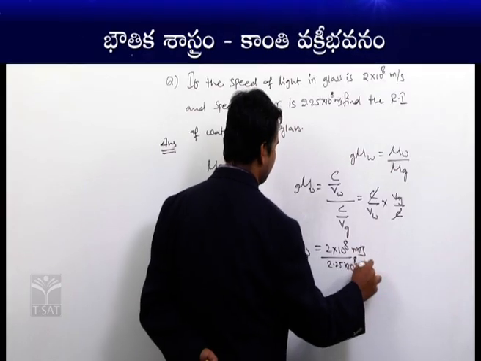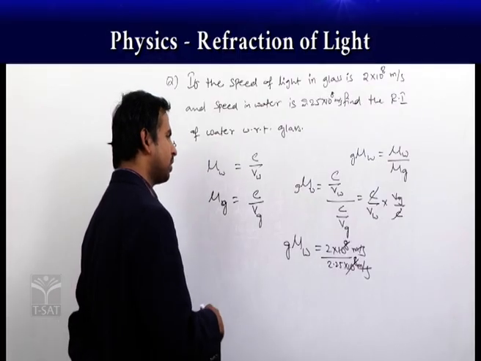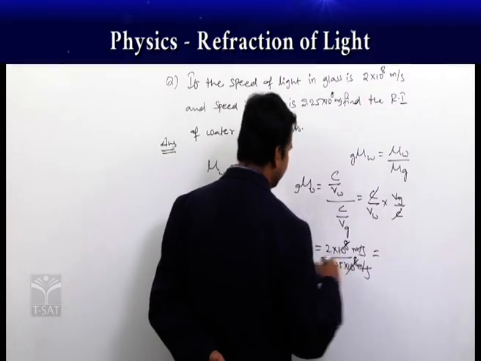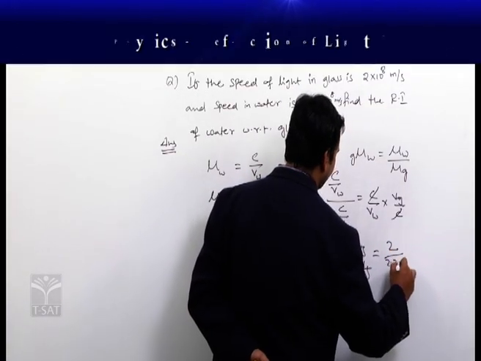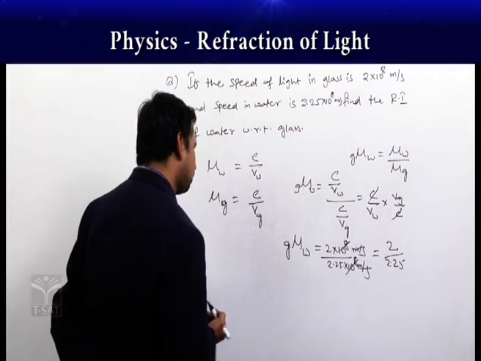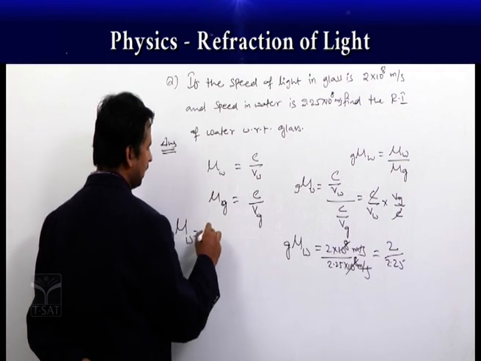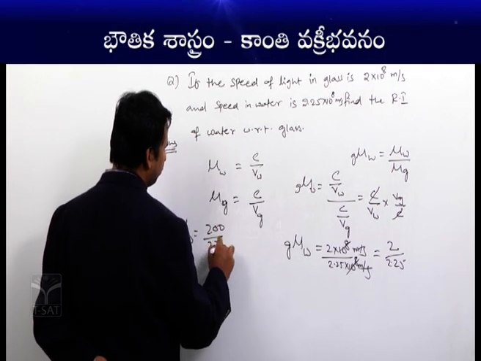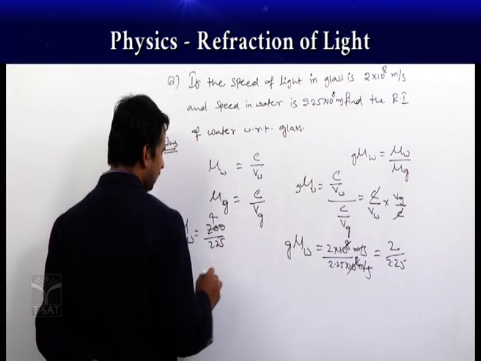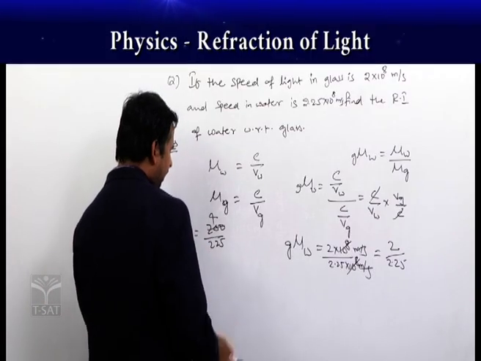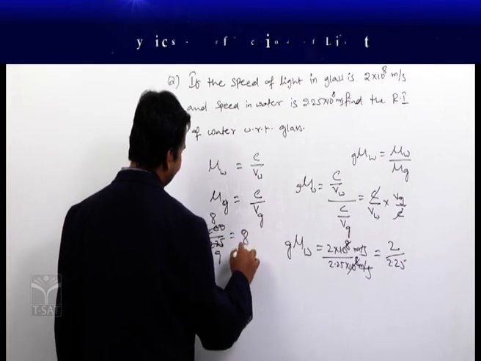The meter per second cancels and the 10 power 8 cancels. So it is 2 by 2.25, or you can also write 200 by 225, which if you calculate, is 25 fourths, or taking 25 eighths and 25 ninths, it is 8 by 9.